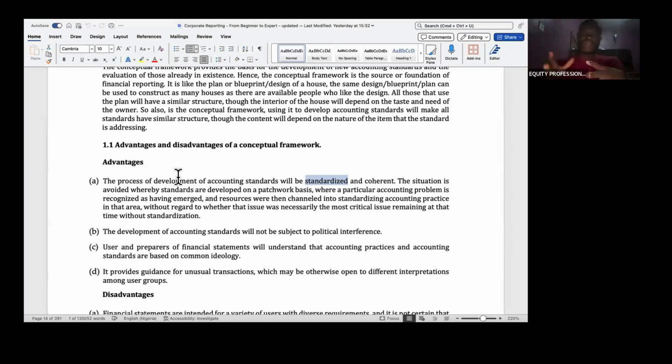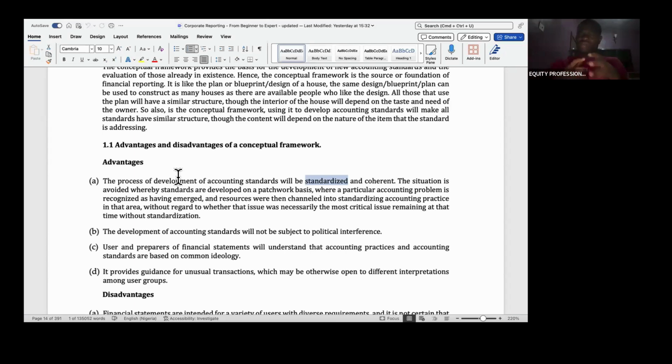That means we'll have a uniform way in which all standards will be developed, since they are based on the same principles. So it gives us the advantage of standardization because we already know the principle. We just follow the process, right? So it makes the process of developing standards standardized and coherent.